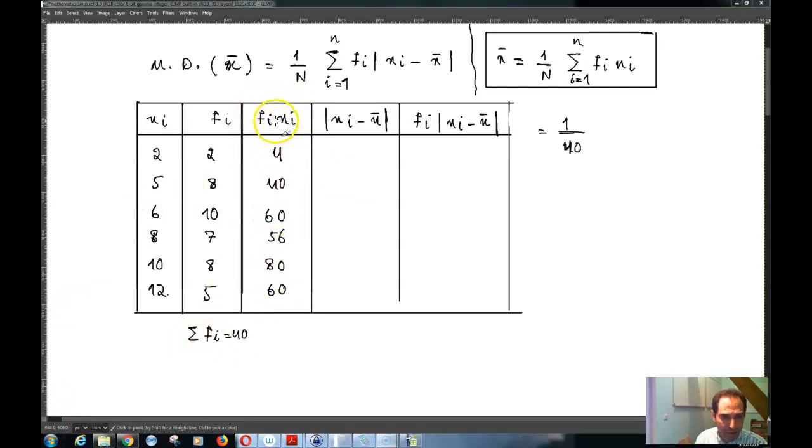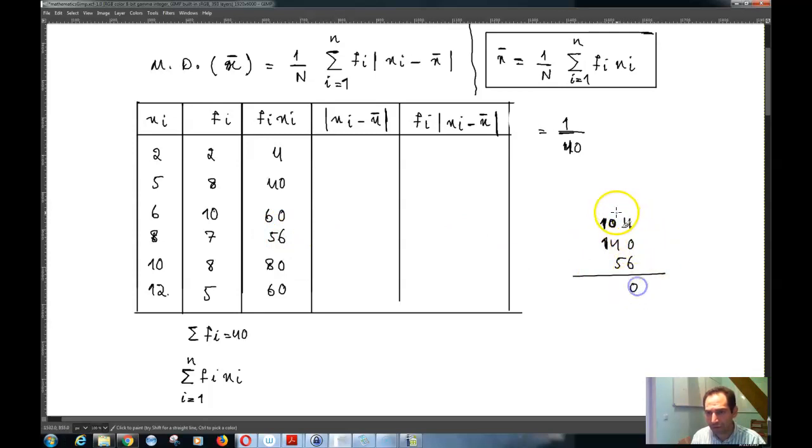That would be all of these f of i x of i's added together. So for example, here you have 104, and then you have 56, that is 140, and then you have 56, so that's 300.